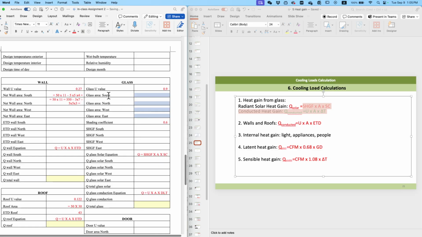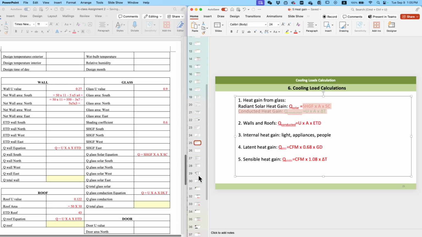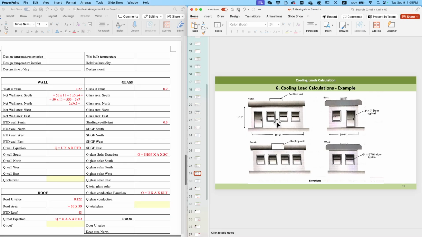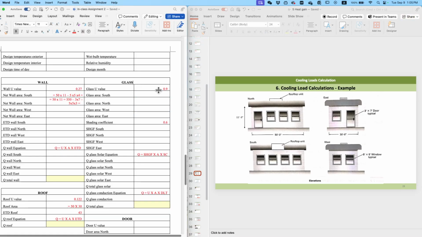The glass area for south, north, west, east. Go to this one. Okay, this elevation view. South glass, window glass. This window. We also can call this window.